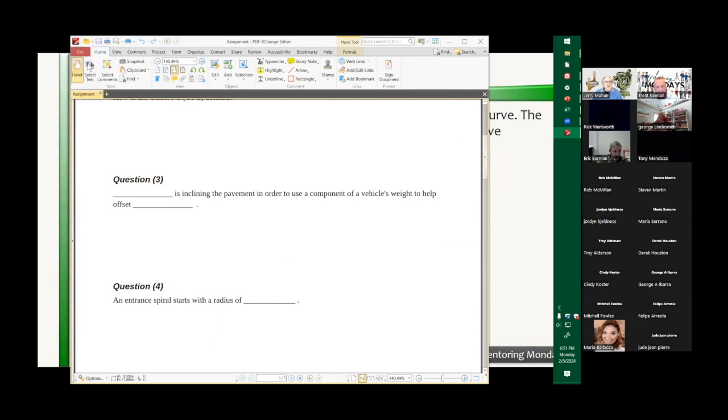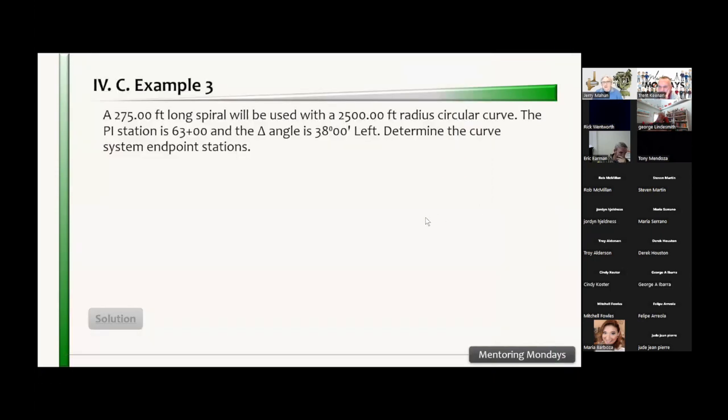I can't grab the top. I hate that when that happens. Okay. So that right there, determine curve system endpoints. Okay. Spiral out of control. Thought I had it. Derek says, thought I had it. What'd you have, Derek?